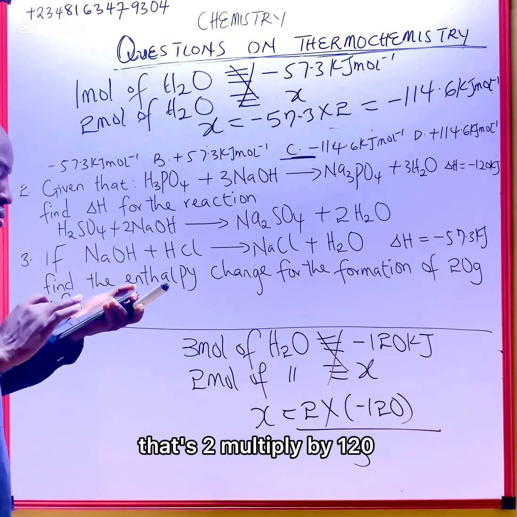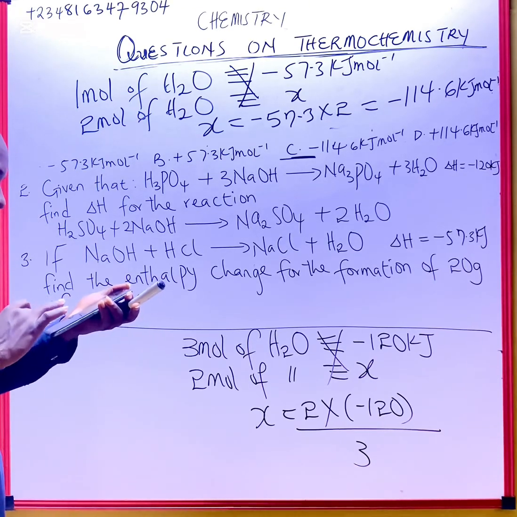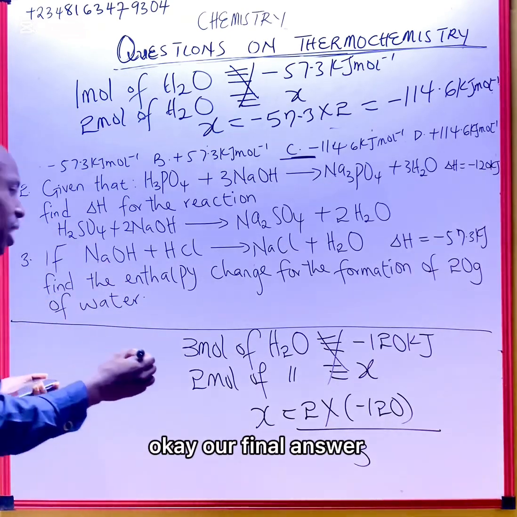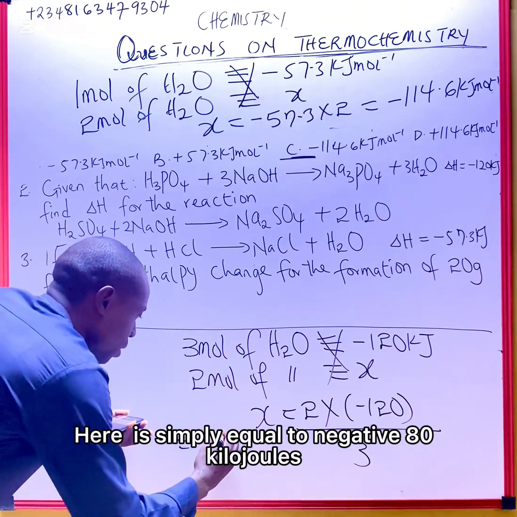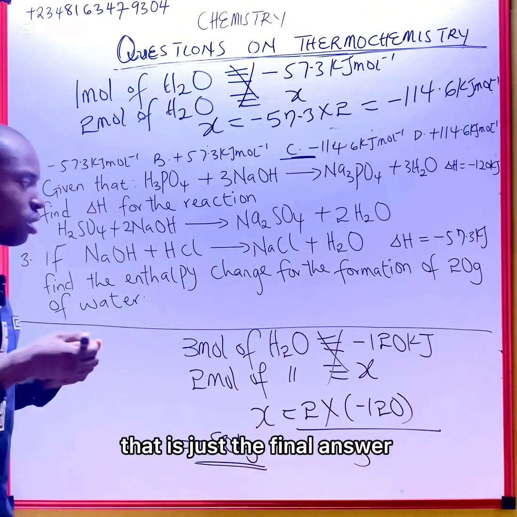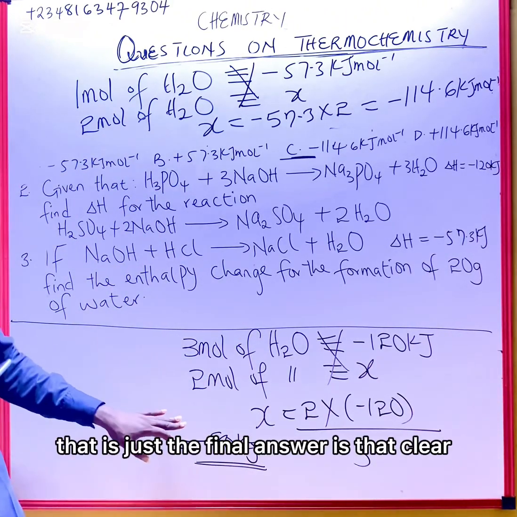That's 2 multiplied by 120 divided by 3. Our final answer here is simply equal to negative 80 kilojoule. That is just the final answer.